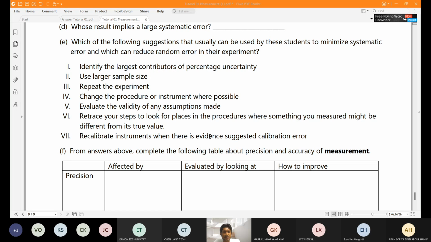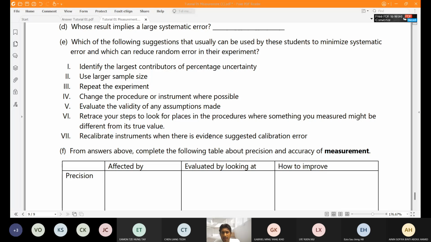Use a larger sample size. Repeat the experiment again. There is a possibility of reducing random error. And change the procedure or instrument where possible.